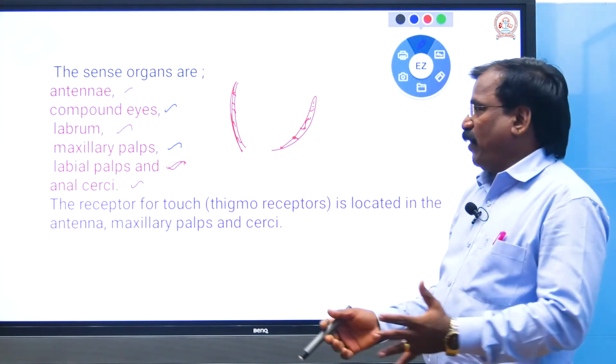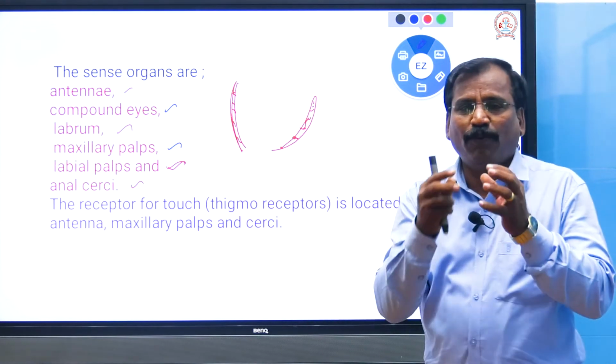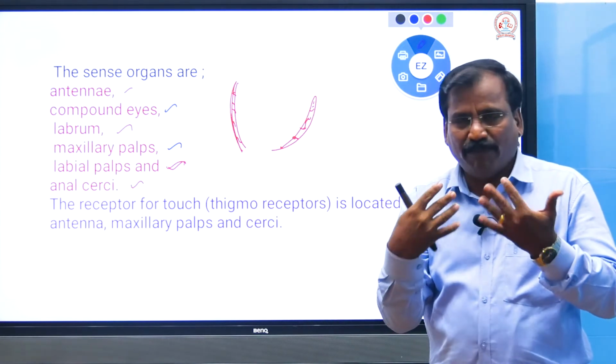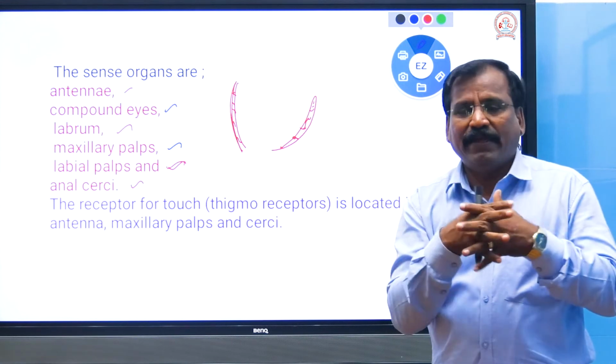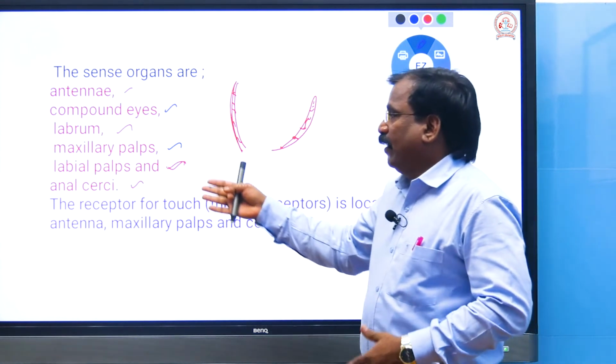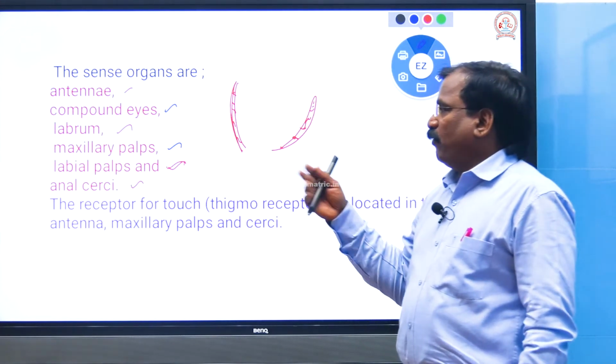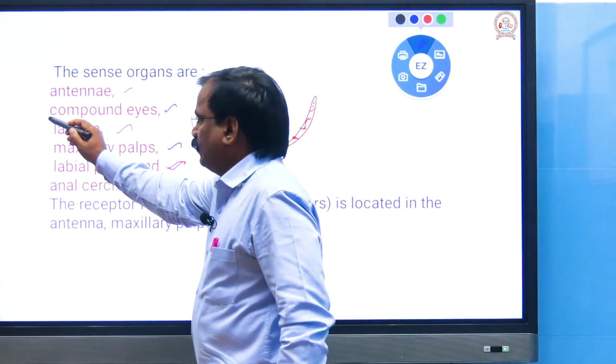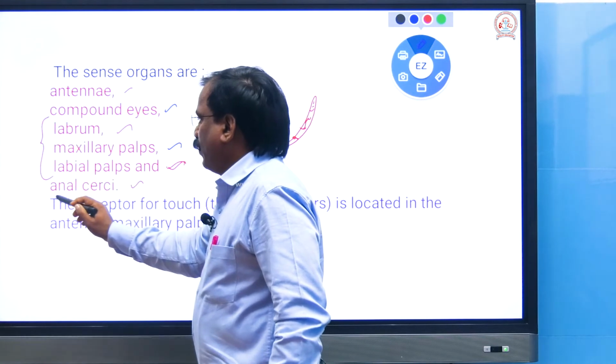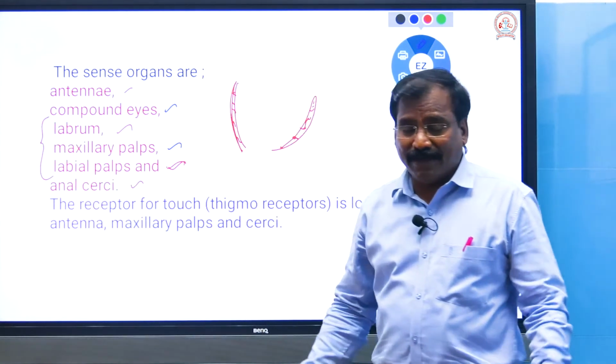These mouth parts help in feeding, biting and chewing, and apart from that the labial palps, maxillary palps and labrum also act as sense organs, an additional function. And the anal cerci, already discussed.